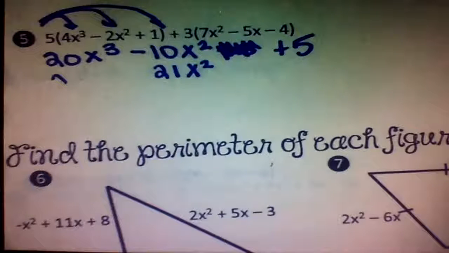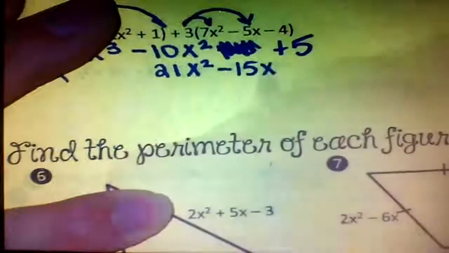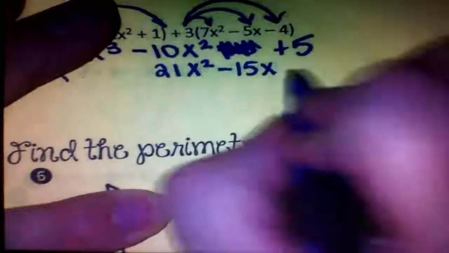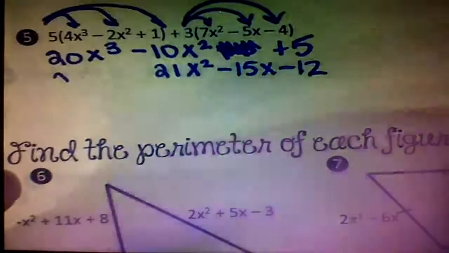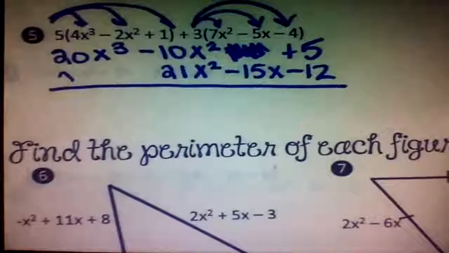She didn't leave a gap for the fact that there was no x in that first polynomial. So that left her kind of in a bind. So now when I take that through the negative 5x, 3 times negative 5x is negative 15x. And 3 times negative 4 is negative 12. So now we have to combine like terms.